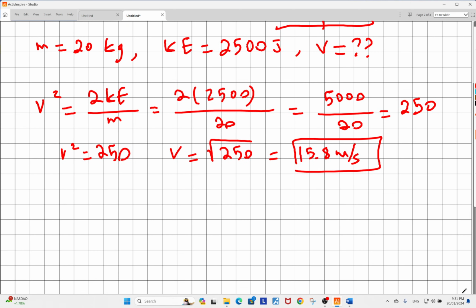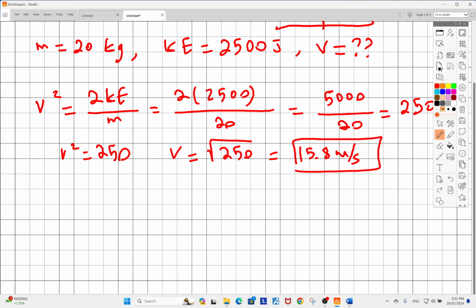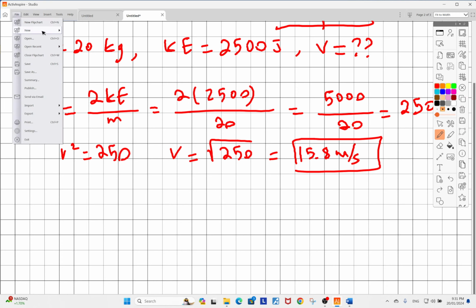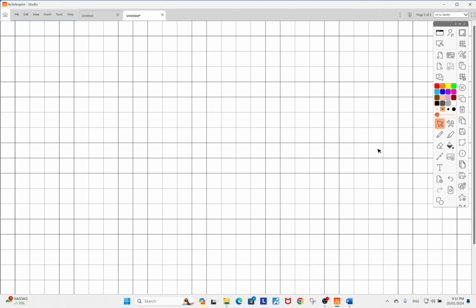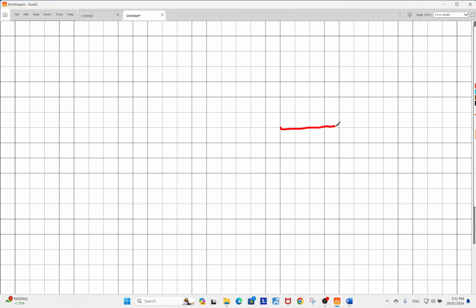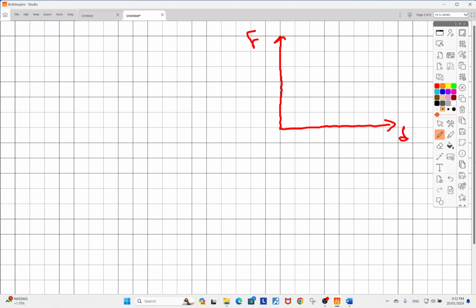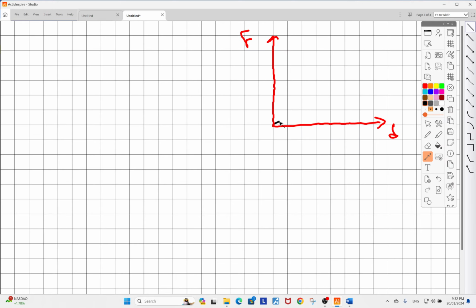And finally, I want to review the following. Suppose we have the following graph. This is F and this is d, and we have a straight line like that.